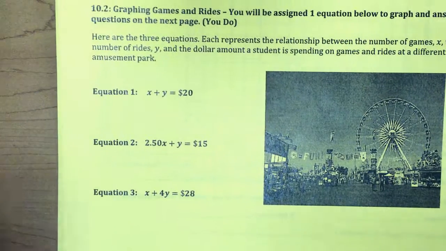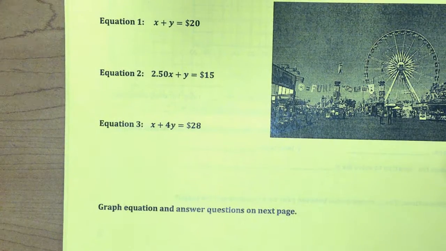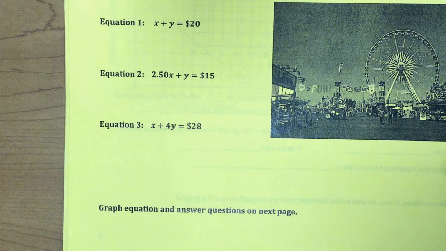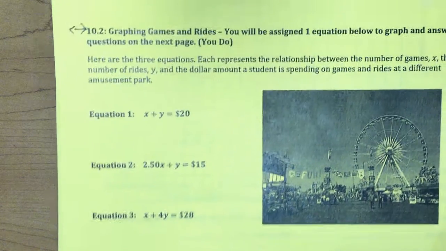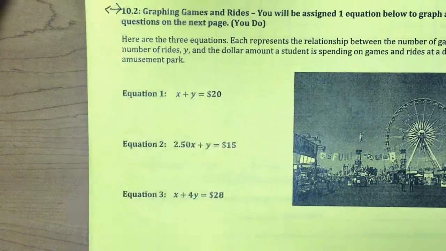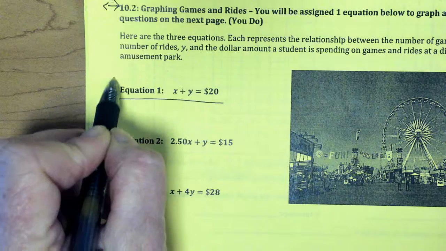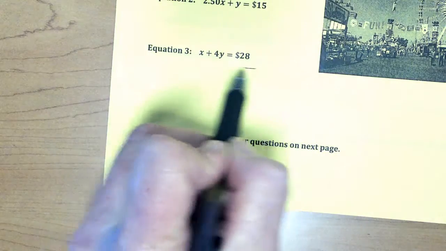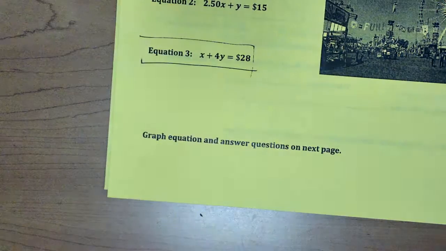is, well, we did this last activity, which was an activity having to do with graphing games and rides. And I did this equation right here. And I asked you to do on an exit ticket this equation right here.